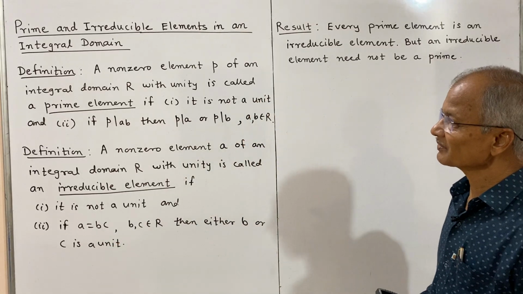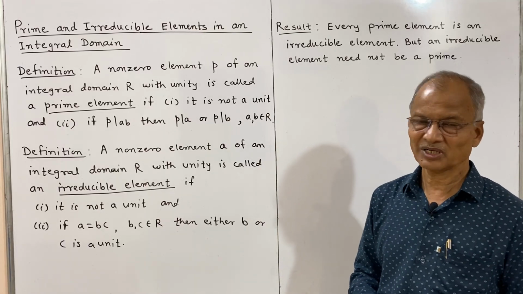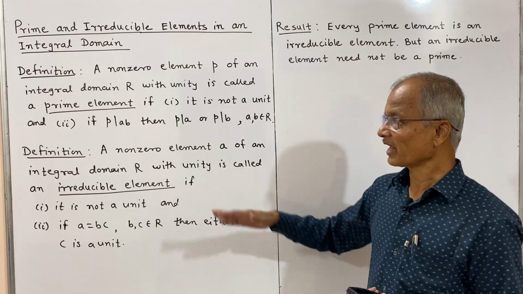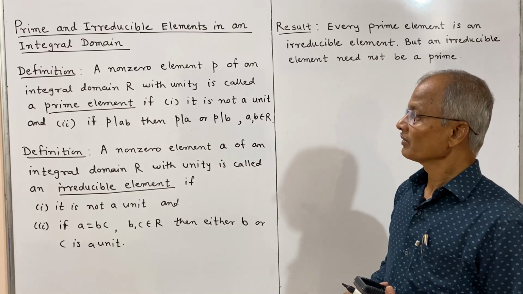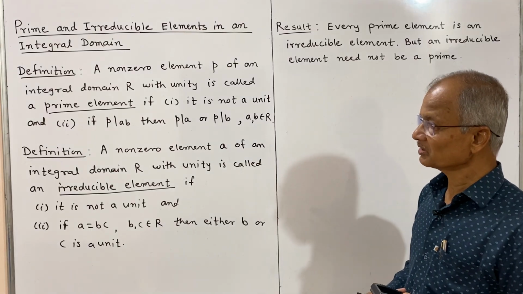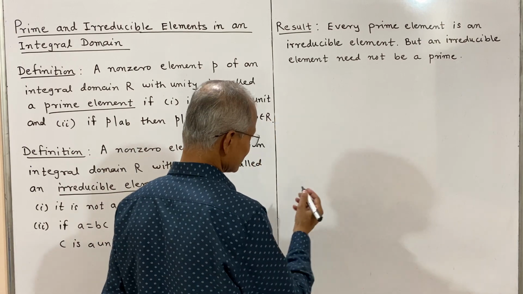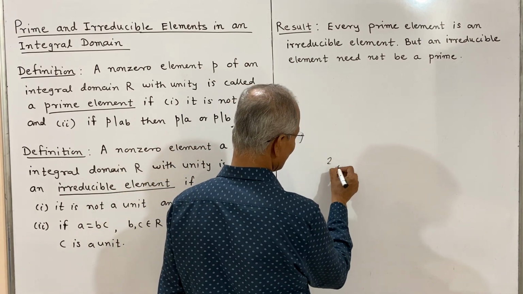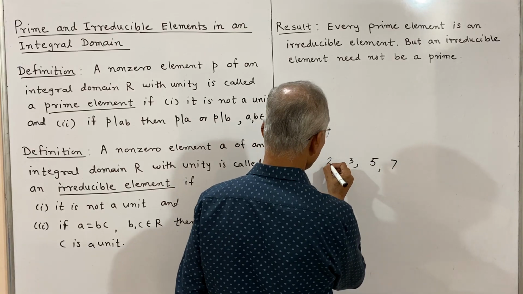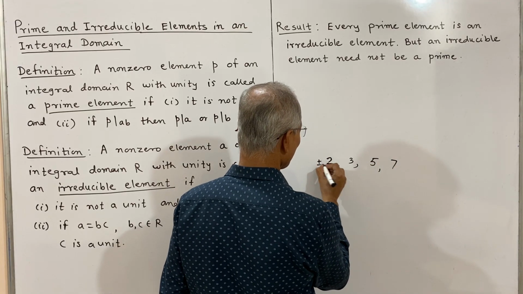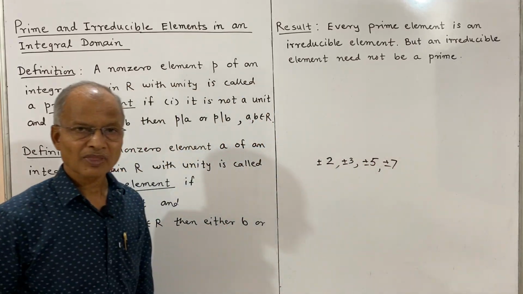Now in the ring of integers with addition and multiplication operation, prime element and irreducible element are the same. So prime elements we know for the ring of integers, say 2, 3, 5, 7, etc. are prime elements, or we can consider these with positive and negative signs.